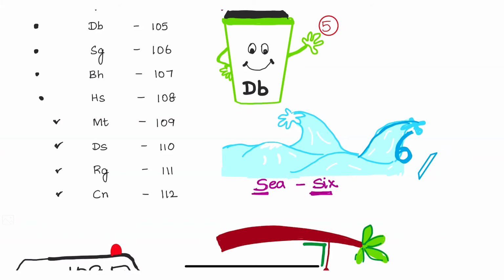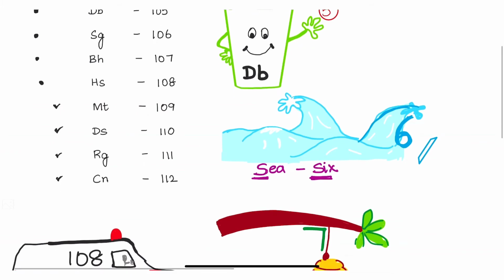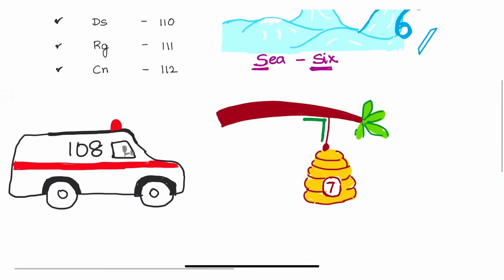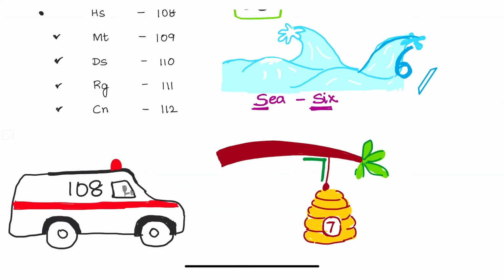For Bohrium, you can also remember it as beehive. So you have the B here and H for hive, so beehive. The picture which I have for you is this beehive. Here you can see a beehive hanging from a branch of a tree. Just remember this picture.